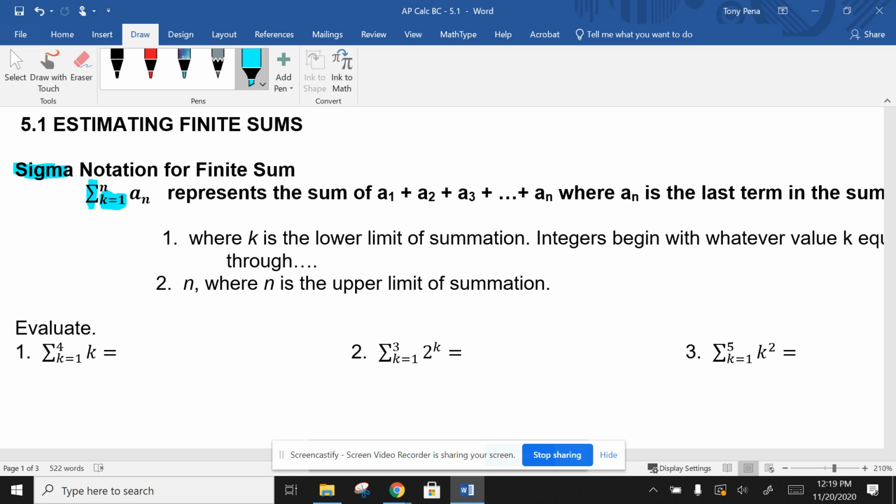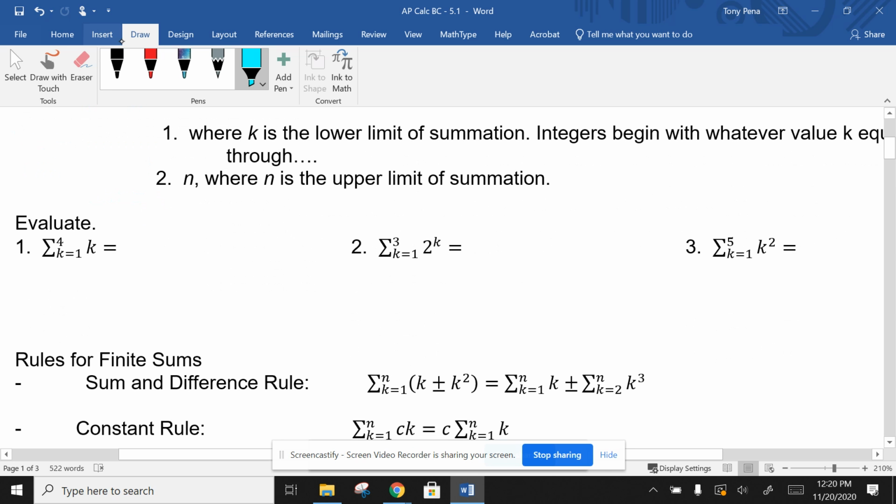And we continue to plug in every integer until we hit the upper limit, whatever that n is. What we're plugging that into is what we call the general term, our a sub n. That then produces a sum. The sigma sign is telling us that we're going to be adding all of those terms up. Whatever that answer is, that's our sum.